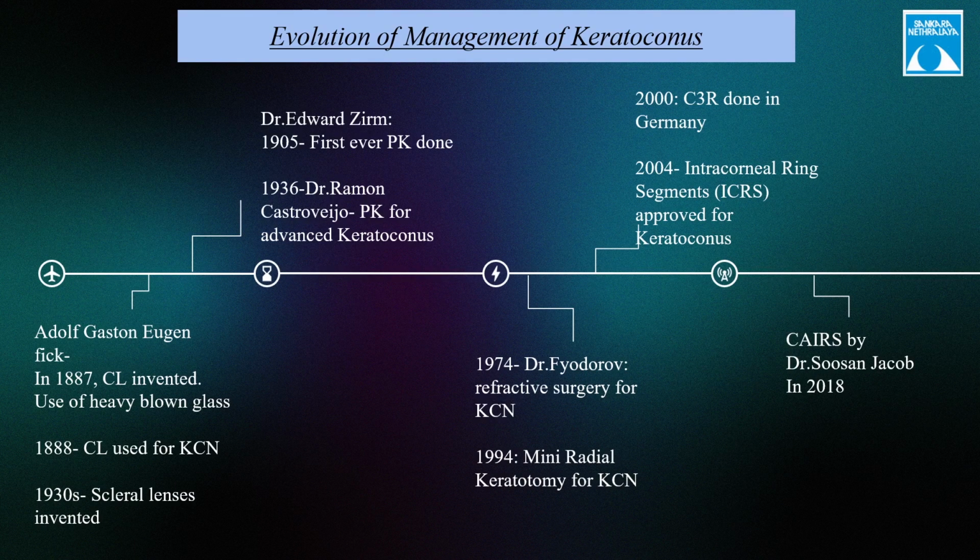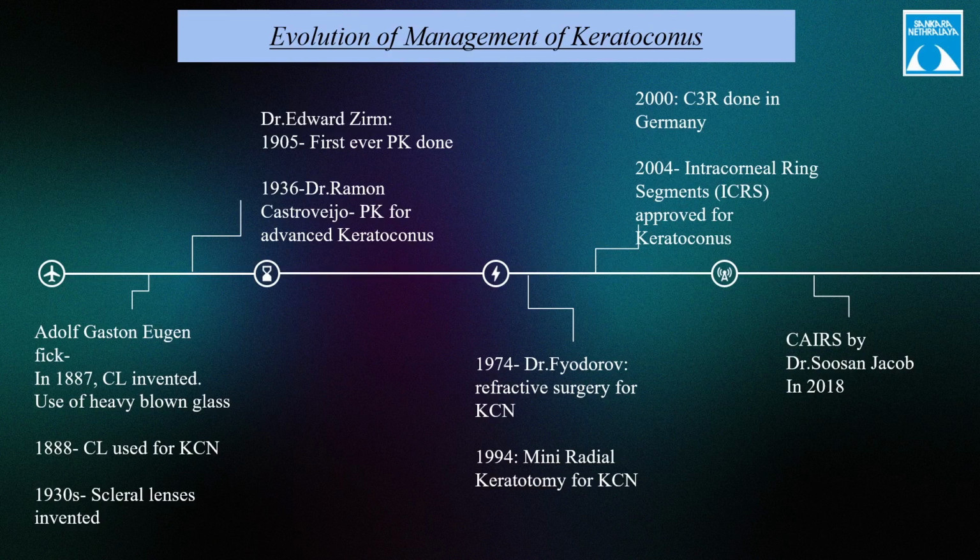I just wanted to let you go through this little tidbit about how keratoconus management evolved over time. It was in the early 1750s when keratoconus was first noticed. In the 1850s the term was coined, and in the 1880s we started using contact lenses for keratoconus for the first time. In the 1900s we did PK for the first time ever. 30 years later we used it as a treatment for keratoconus.